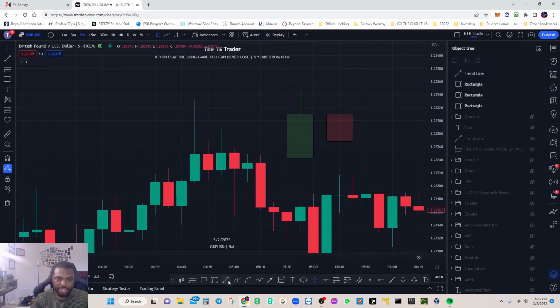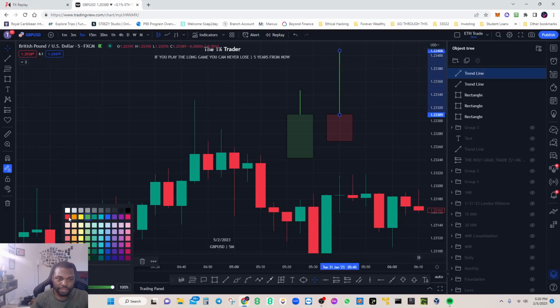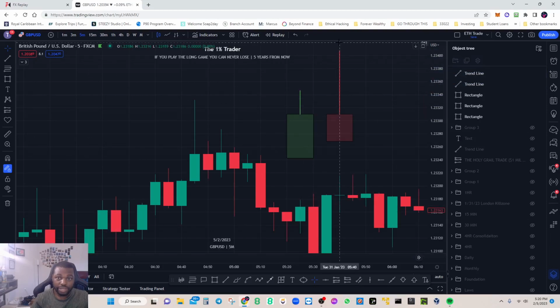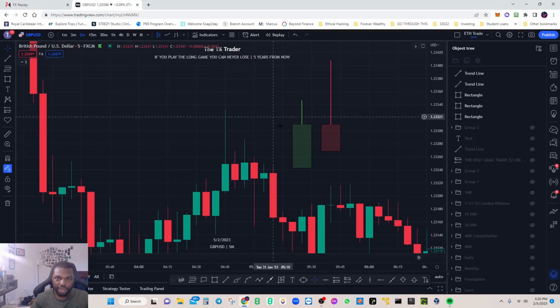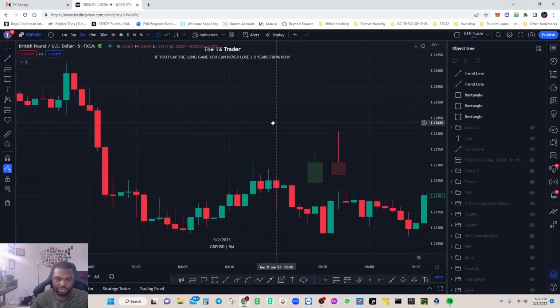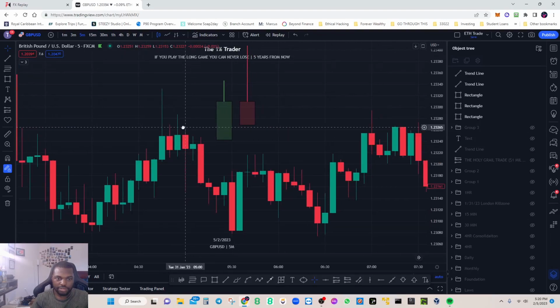Then the second thing you have to identify is that the wick of the one on the right is larger than the one on the left. So this wick is larger than this. Now let's put these two together. So let's look for a bearish tips. Let's see here.